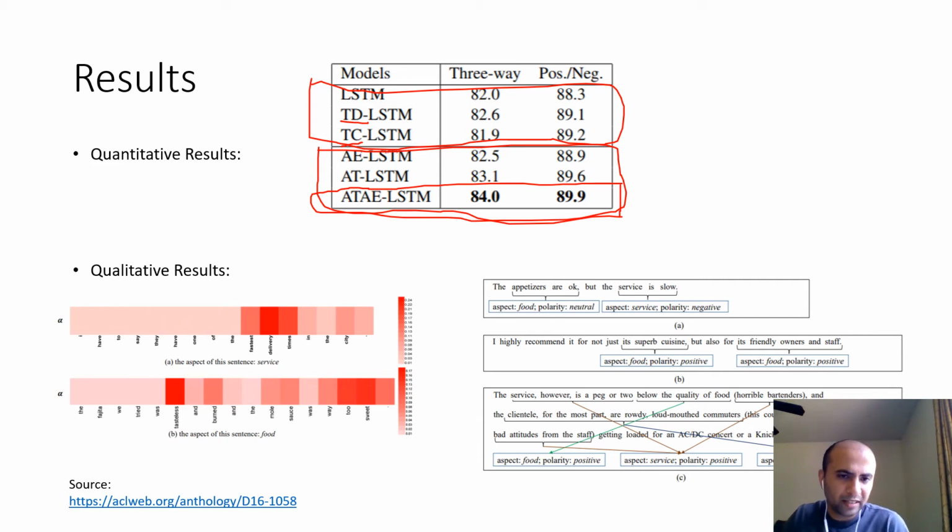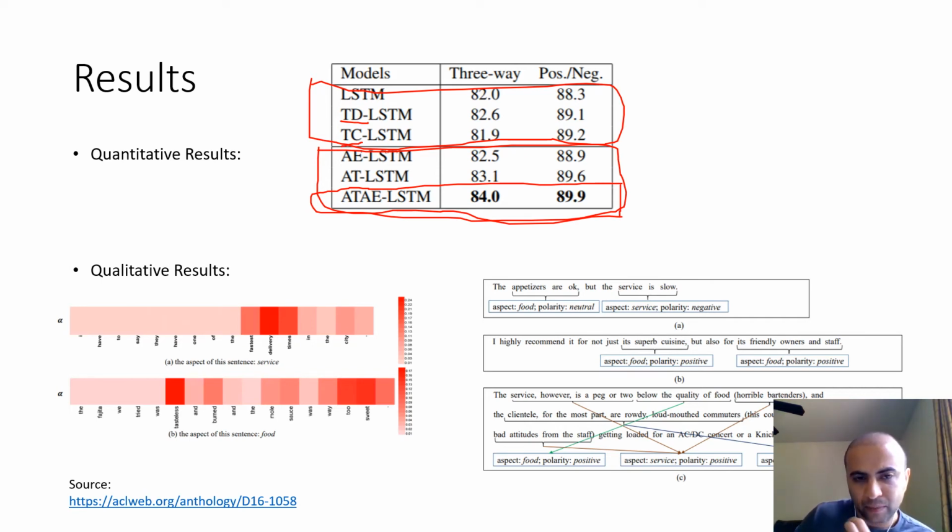Some of the qualitative results, I'm not sure if this is clearly visible, but I can read it out. There is a sentence which says, I have to say they have one of the fastest delivery times in the city.